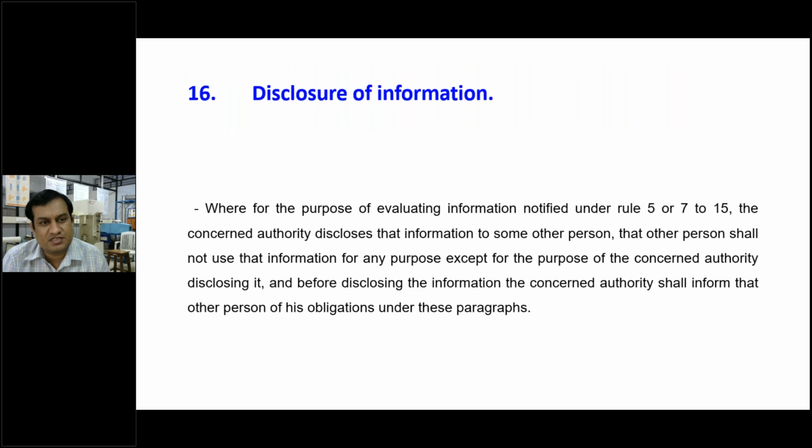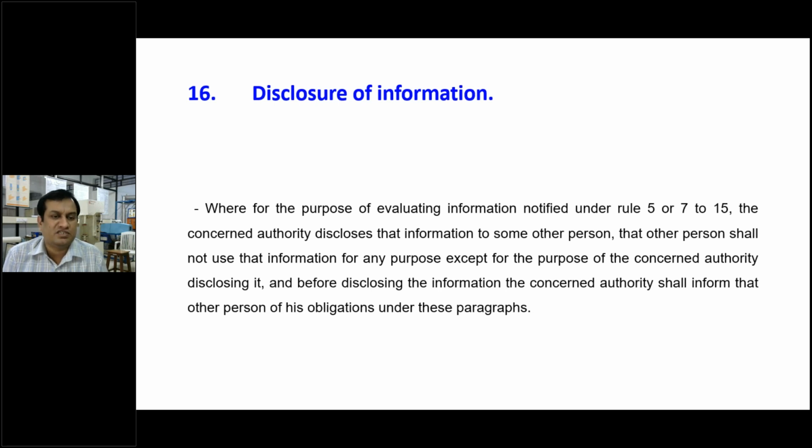Then rule 16 is the disclosure of information. You know that we are discussing hazardous chemicals. So the physical characteristics, the chemical characteristics, the fire hazard, the explosion hazard, the health hazard, the precautionary measures, the safety measures, whatever information is related to these hazardous chemicals which we are going to handle in operations, in storage, in uses, in applications, all that information should be disclosed.